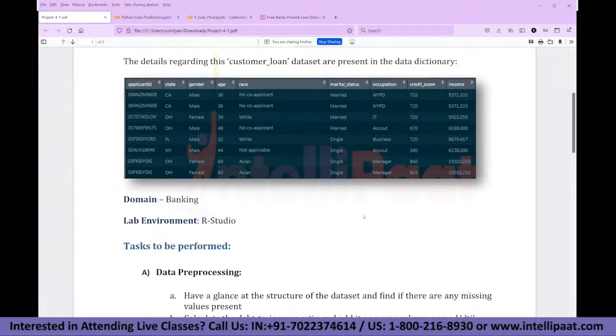Let's take an example of approval at 80% and denial at 20%. The data is imbalanced. There is something called an imbalanced data set.